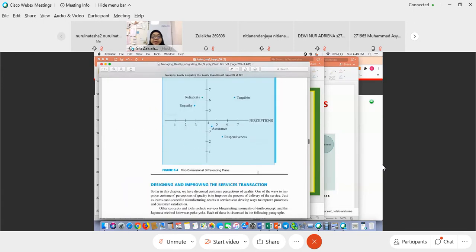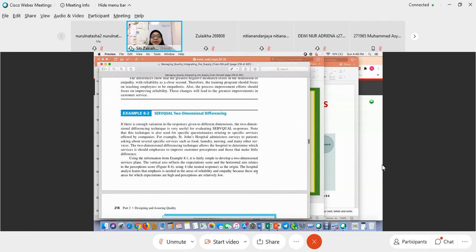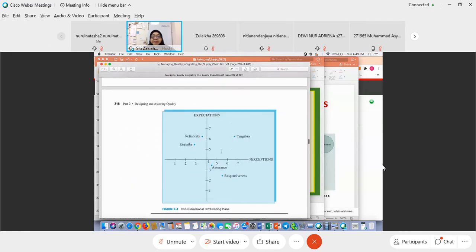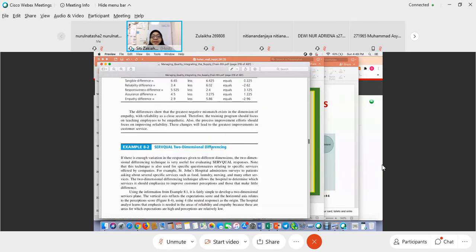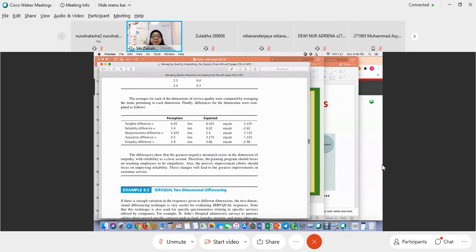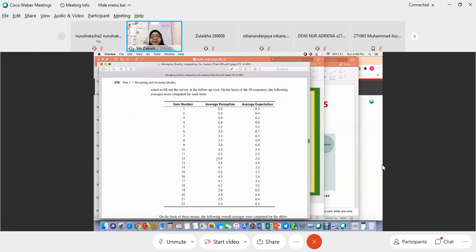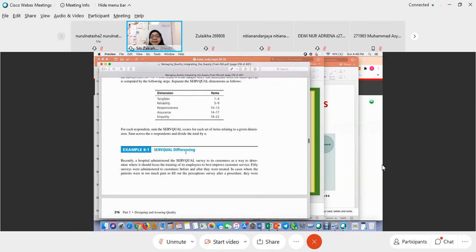This is what they want you to do. Two-dimensional differencing like this. But I also want you to do this first, the one-dimensional differencing, before you can do the two-dimensional. Okay, this is the one-dimensional differencing.